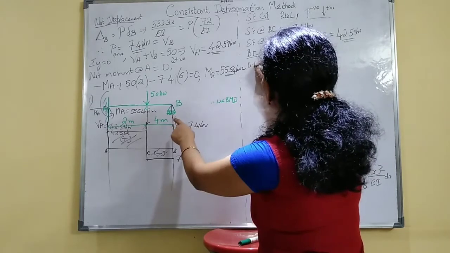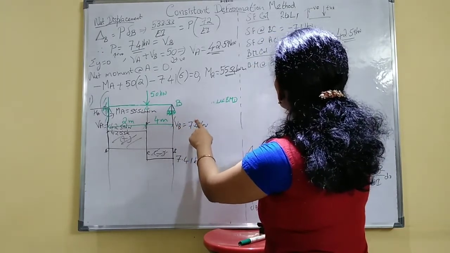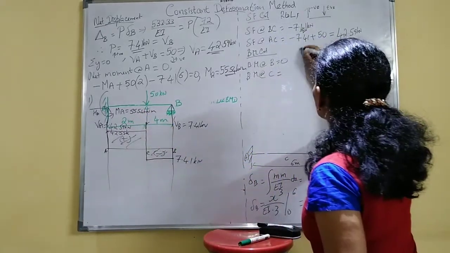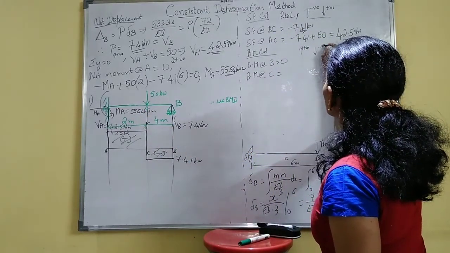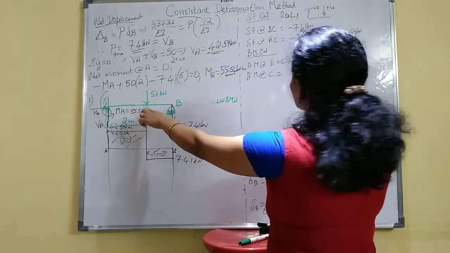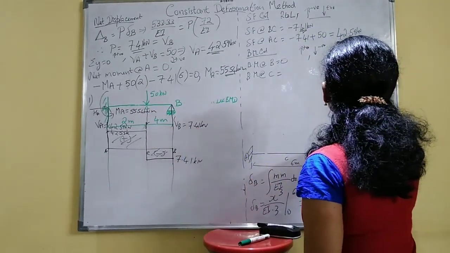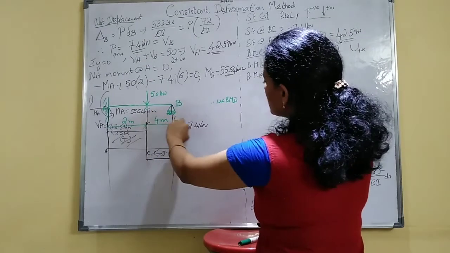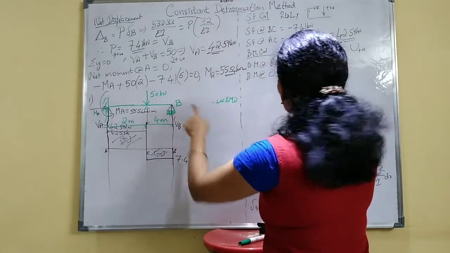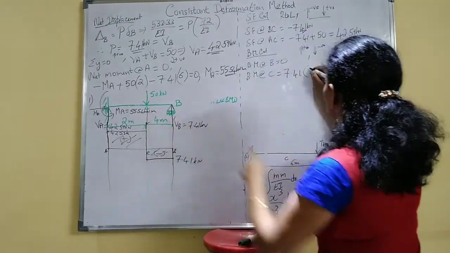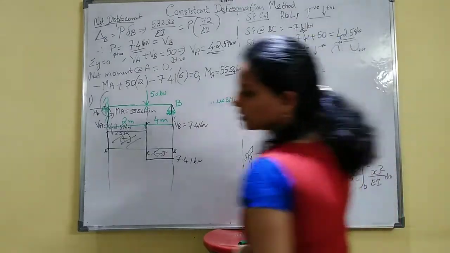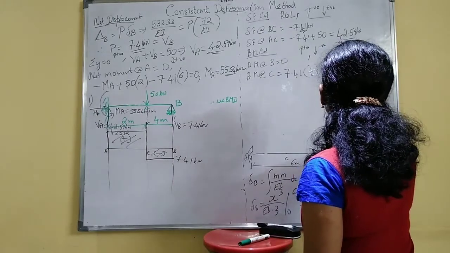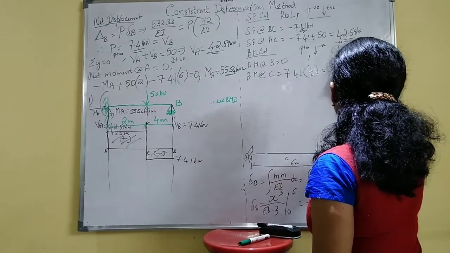So bending moment at B equal to 0. Bending moment at C: here upward positive, downward negative bending moment, and hogging negative, sagging positive. So bending moment at C, this is upward, so plus 7.41 into distance 4, which is nothing but 29.64 kilonewton meter.